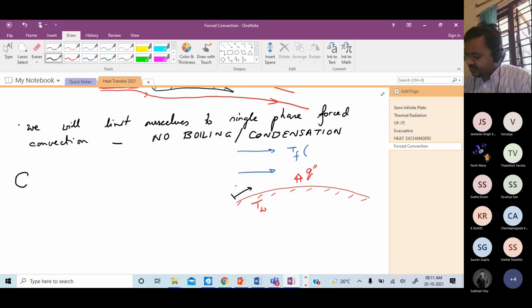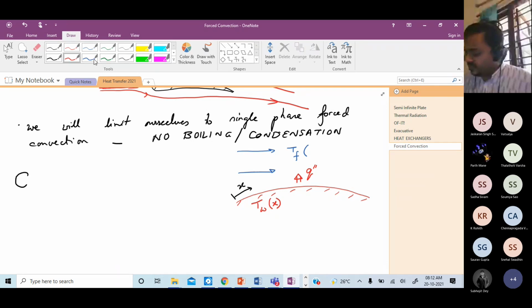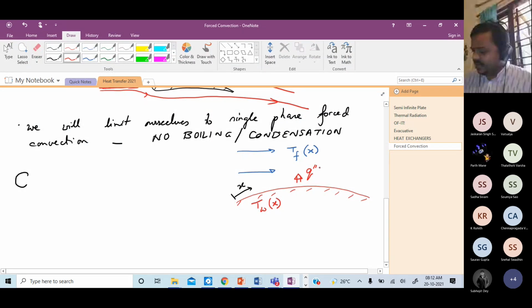I'll call this dimension X. Now under normal circumstances, this wall temperature will also be a function of X. The fluid temperature will be a function of X. And therefore the heat flux is also going to be a function of X.